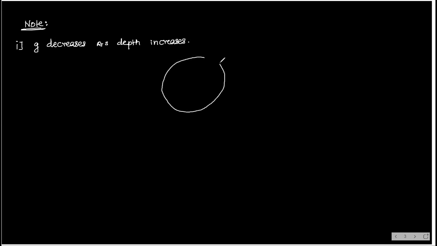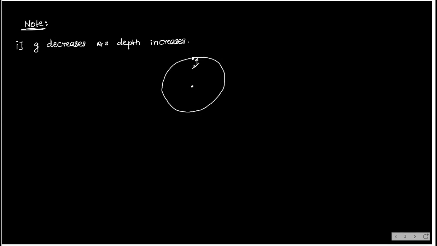So see here the note point. These note points are nothing but whatever we are experiencing. g decreases as depth increases. Agree with me? For example, this is the surface and this is the center.